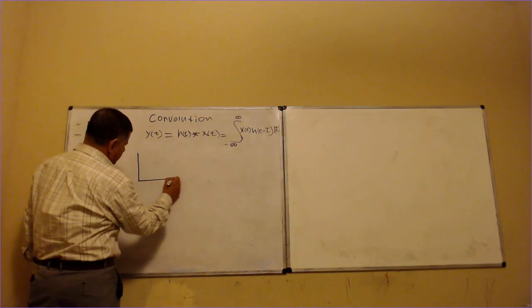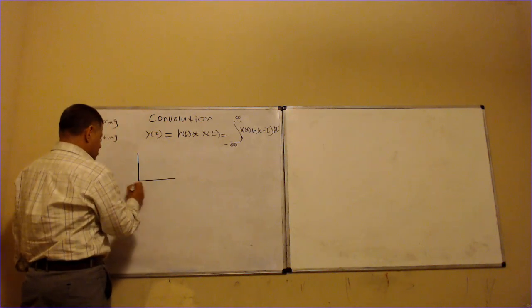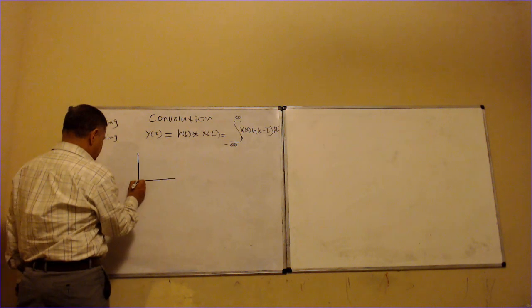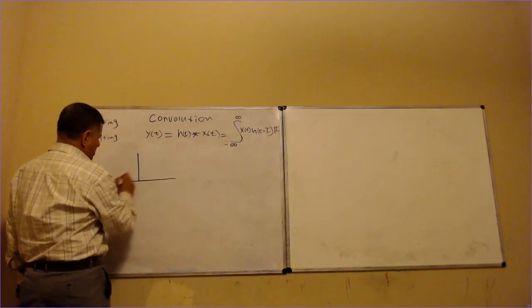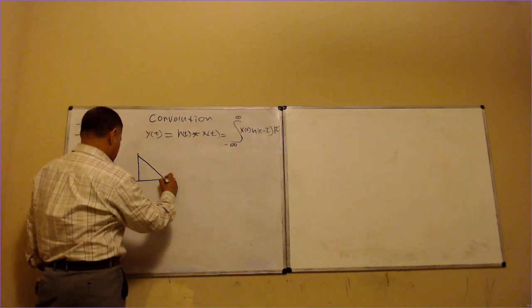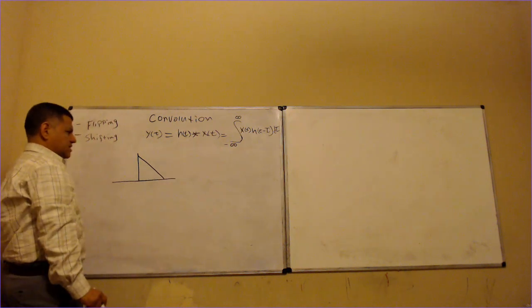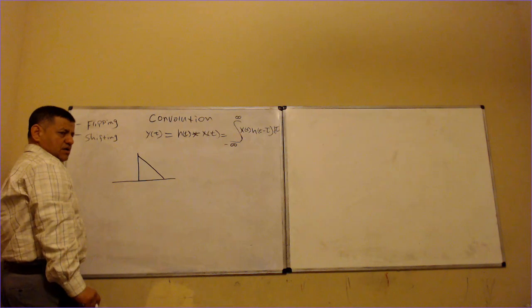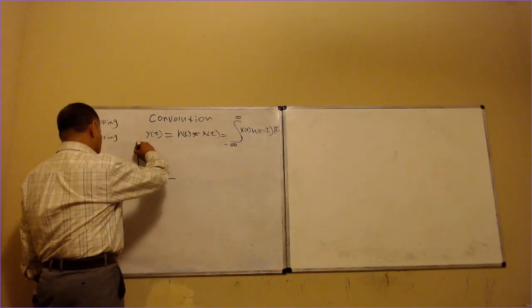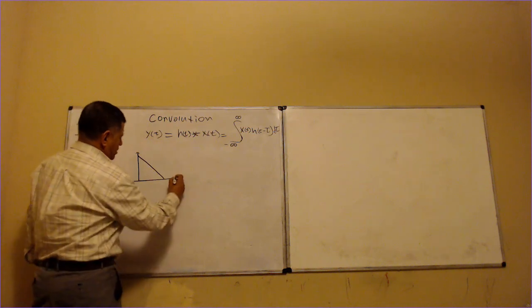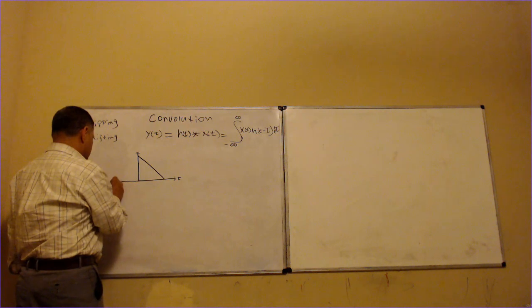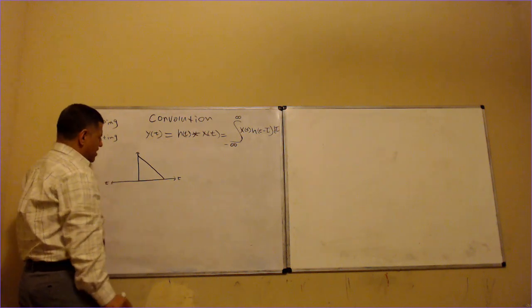Now the one that we're doing looks like this. So this is t, right? Of course, this is negative t, but it doesn't matter.